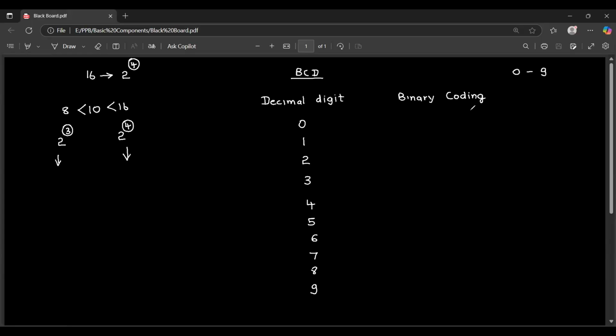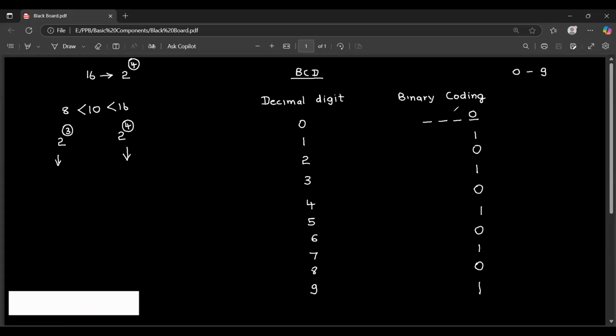When writing this, there is a pattern you can follow. Since you're using 4 bits, in the last bit you alternate: 0, 1, 0, 1, 0, 1, 0, 1, 0, 1. In the second bit from the right, you write 0, 0, 1, 1, 0, 0, 1, 1, 0, 0.